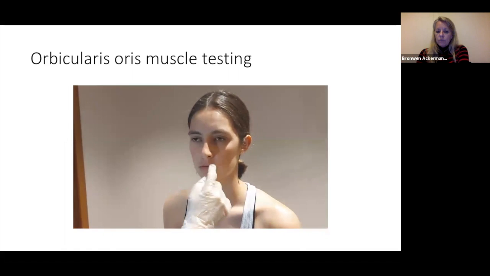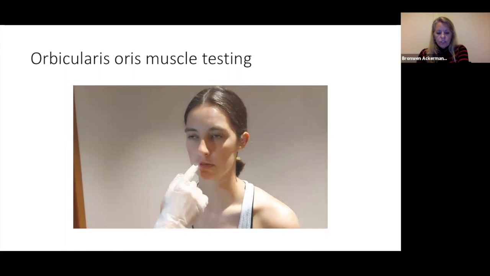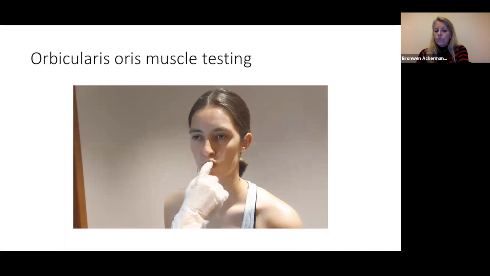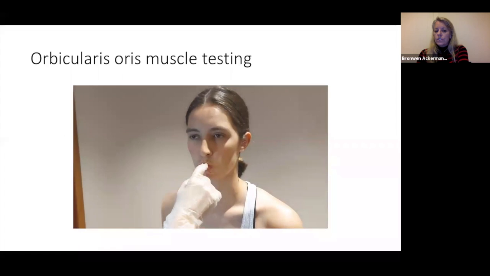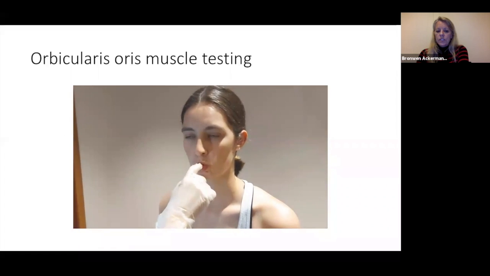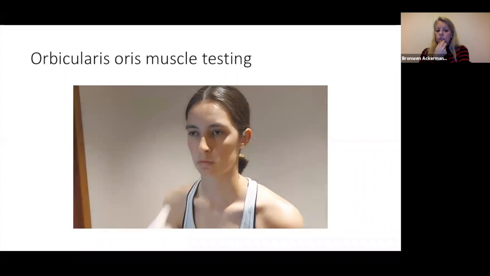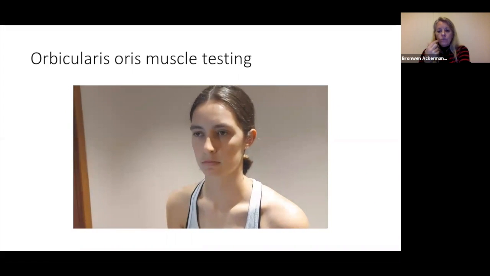So what I end up doing, once I've had this general feel, is I will test the quadrants. I will go in one direction and get her to resist my finger. You can see in these quadrants, I'm going up in all the different directions and getting her to resist my finger. Don't let it go in, so I can feel how strong the different quadrants are.